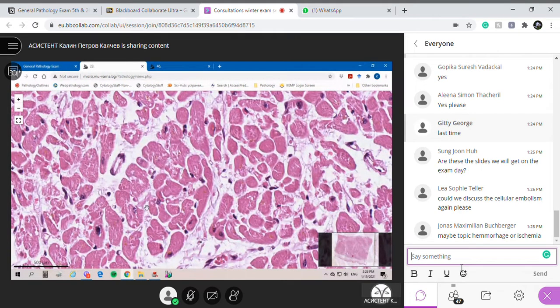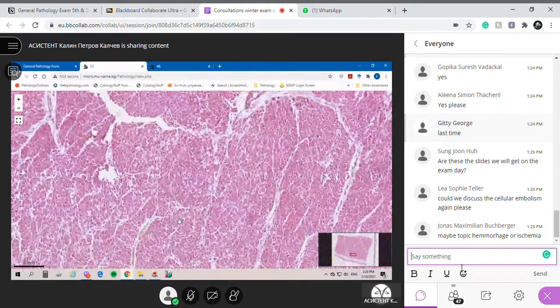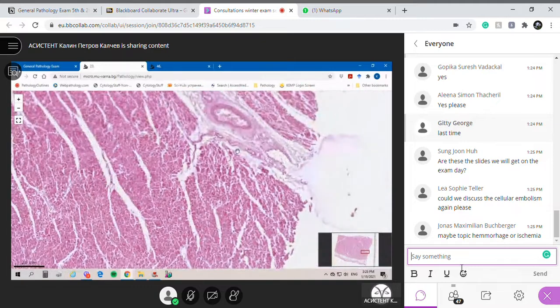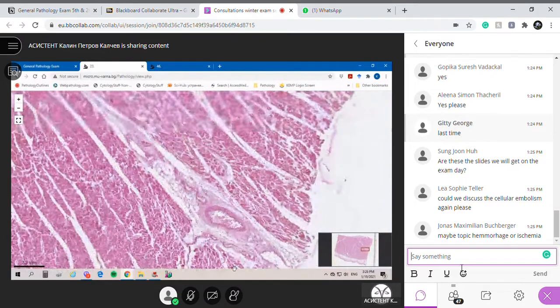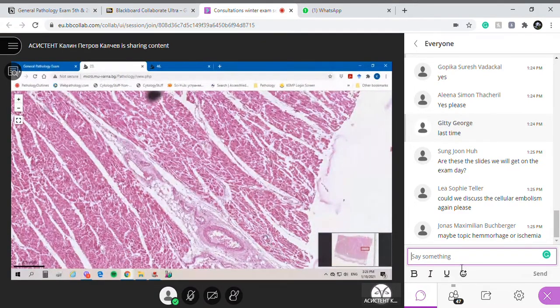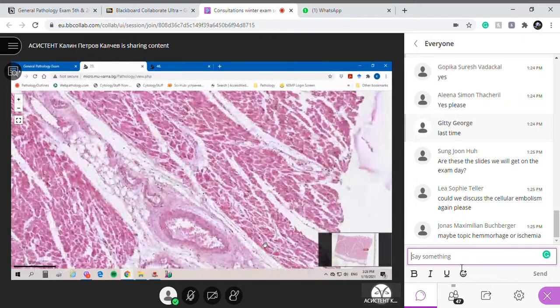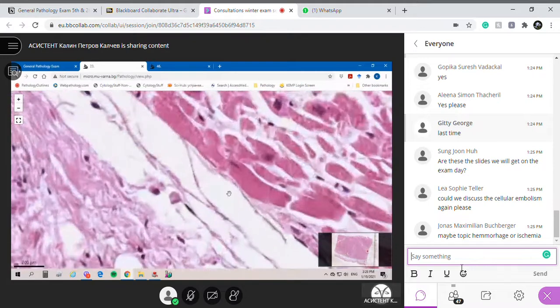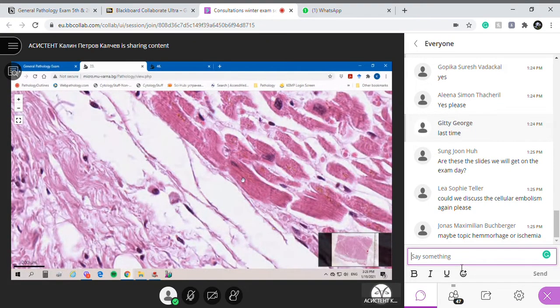That's why you have to look for an area where we have a more longitudinal section of the muscle cells. Here, for example, we have this more longitudinal section, and if you look closer, you will see this striation of those muscle cells.